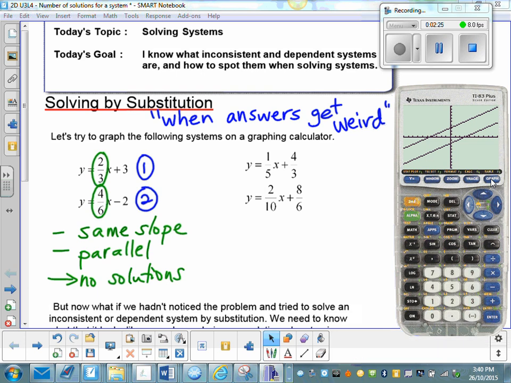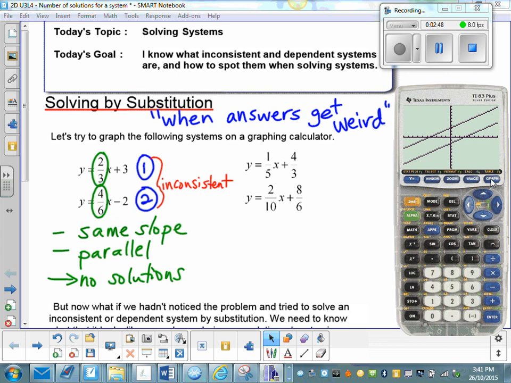And when that situation occurs, we say that this system is inconsistent. So that system is called inconsistent when they're parallel and they don't cross each other at all.